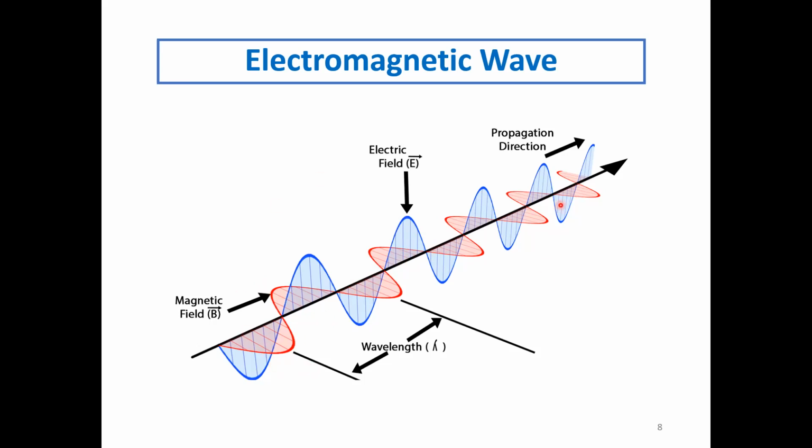The direction of propagation is forward, in this direction. So there are the electric field and the magnetic field, the wavelength, and the direction of propagation.